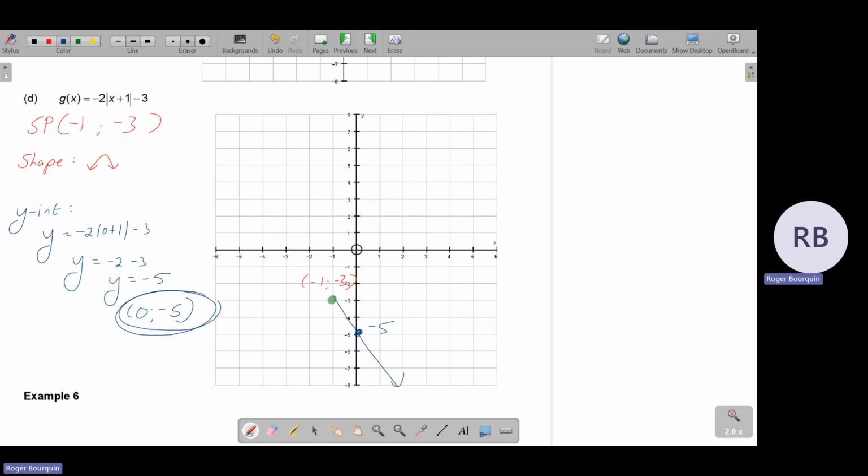I like to find a point on the other branch. Okay. So I use symmetry with the y intercept to get the other half. But for this one, write down again the equation of the axis of symmetry.